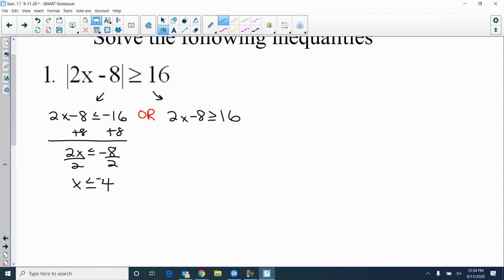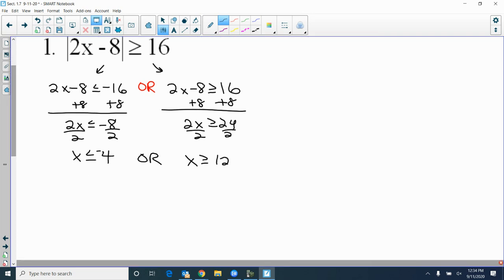I got x is less than or equal to -4. Now, what do I get on the other side? Add 8. And I get 2x is greater than or equal to 24. x is greater than or equal to 12, or. All right, that is part of your answer, but I need interval notation.